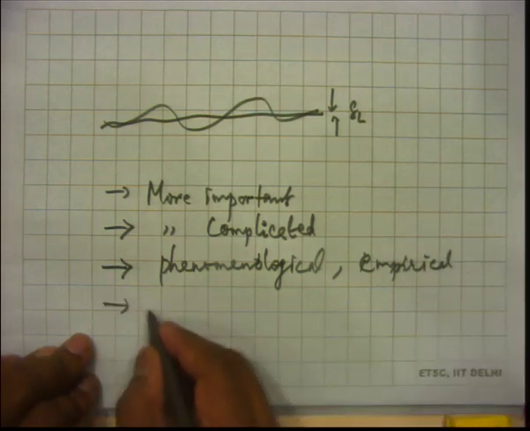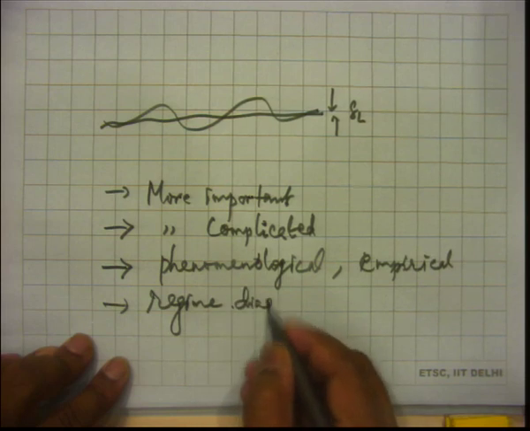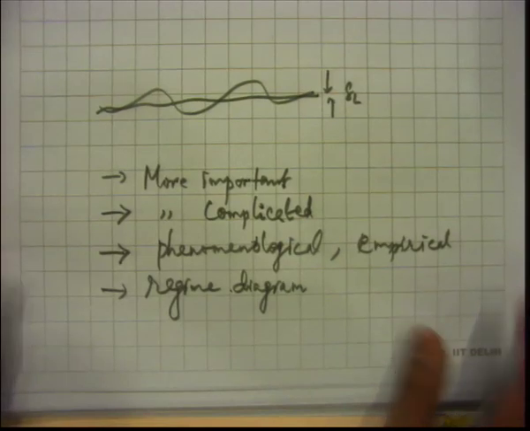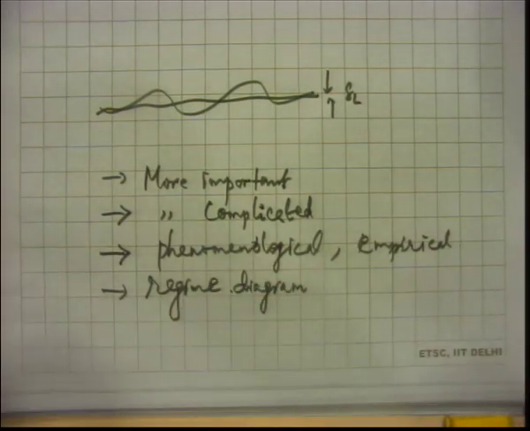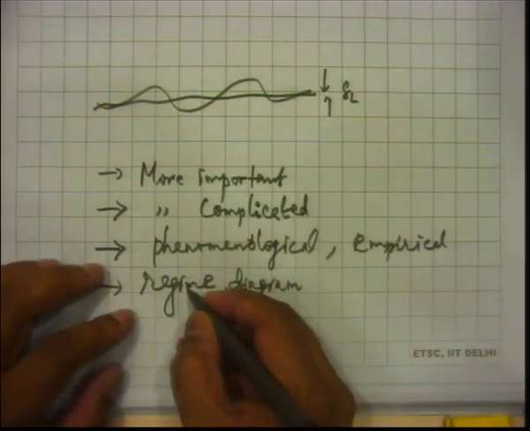The main thing we studied here is the regime diagram. The regime diagram that we saw actually keeps getting modified a little bit also. There is some data added, some lines are drawn again, things like that.